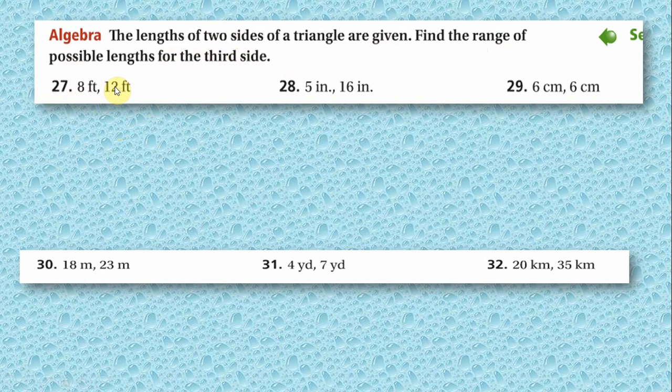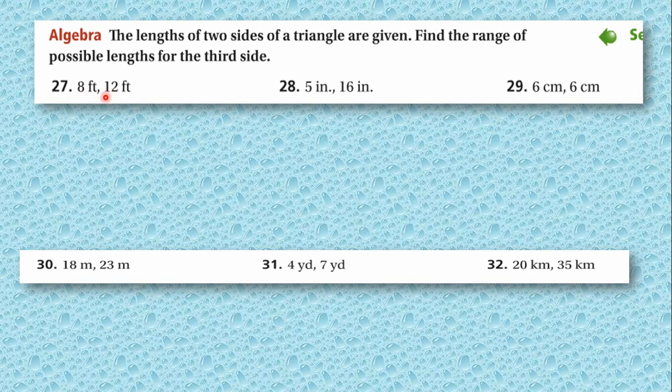The fact is, the length of any side of a triangle must be between something greater and something smaller. Between means greater than the difference and smaller than the sum. What is the difference between the two given numbers, 8 and 12?